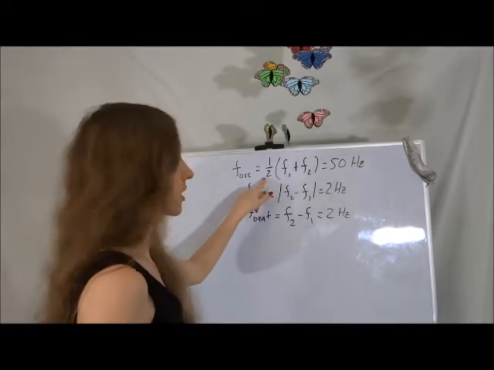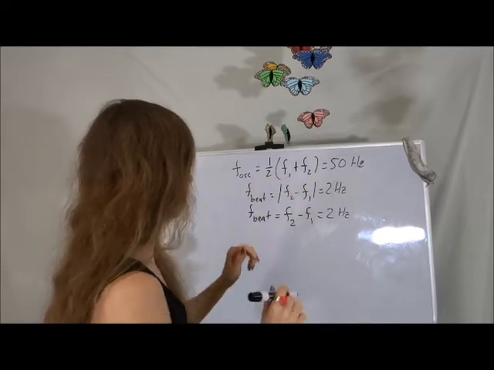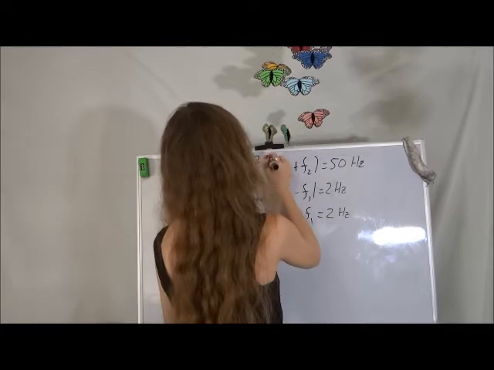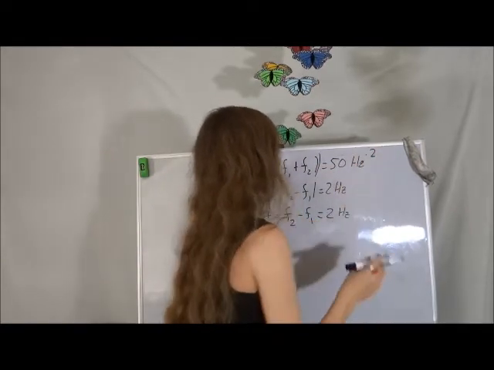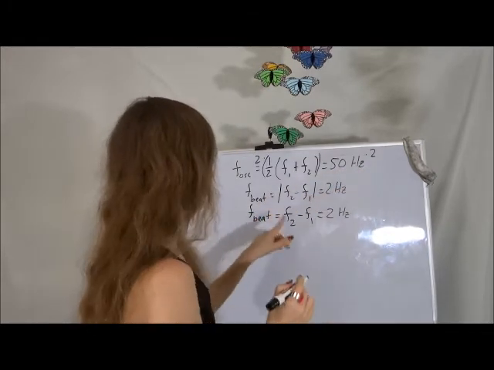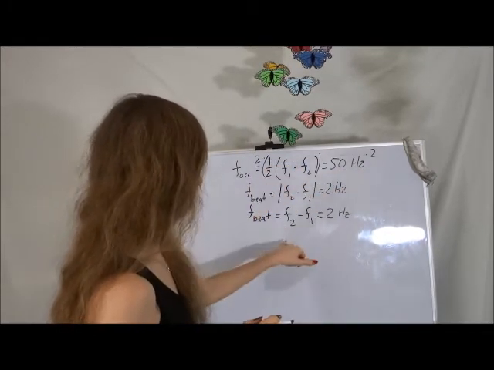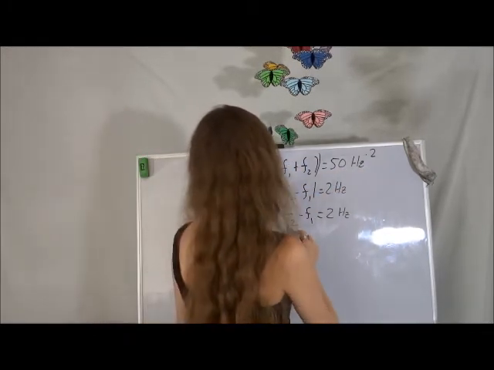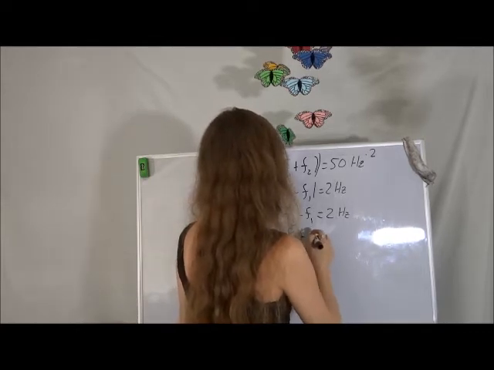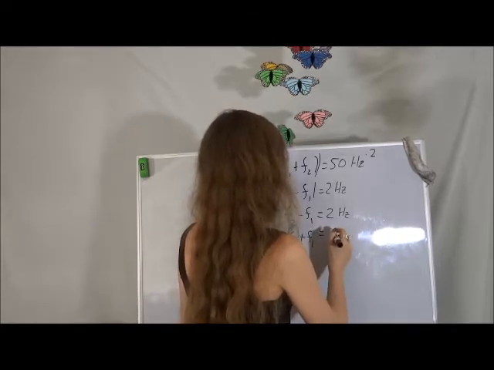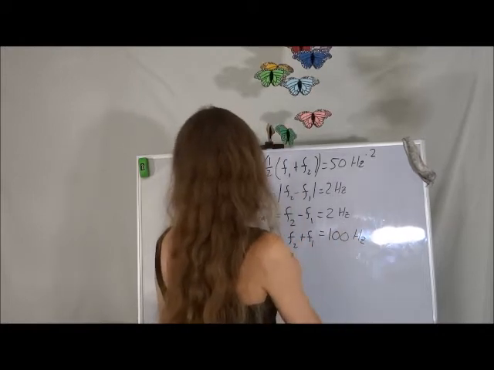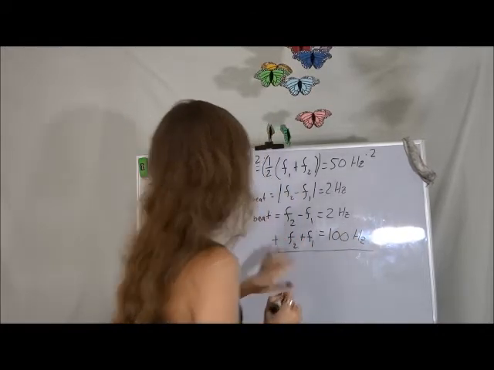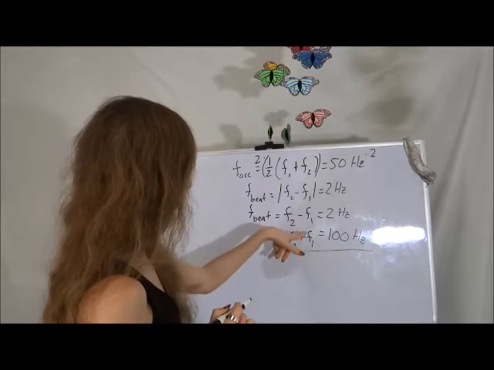Now I'm going to take this equation here and multiply both sides by 2. If I multiply this side by 2, that's going to get rid of our 1/2. Multiply this one by 2, we get 100. So if I rewrite this equation right down here below, we're going to have F2 plus F1 is equal to 100 hertz. And we're just going to add these 2 equations together because that's going to get rid of our F1.